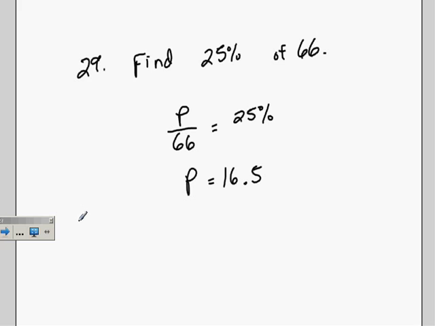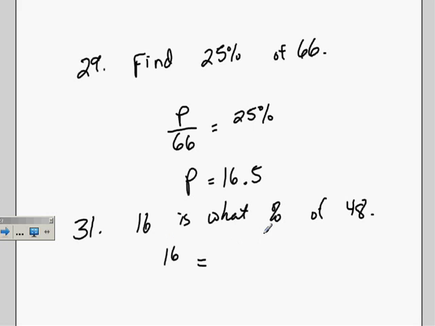Let's look at number 31 on the same page, 337. 16 is what percent of 48? So here, if you want to pause it and do the problem really quick. Okay, 16 is what percent rate, or big R, of 48.